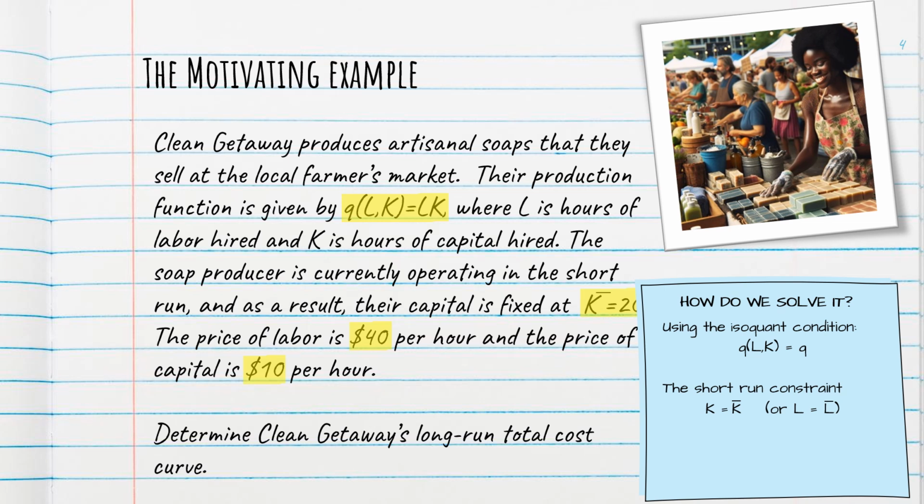In addition, we also have the total cost function, where total cost is the wage times the labor demand plus the rent times the capital demand. So really this is sort of like an input demand question with one additional step. After we find the input demands, we plug them into our total cost function to form how total cost depends on Q and potentially the unspecified wage and rent.